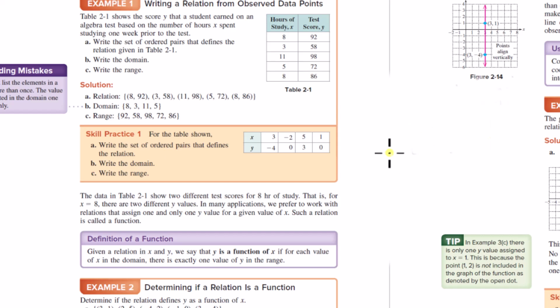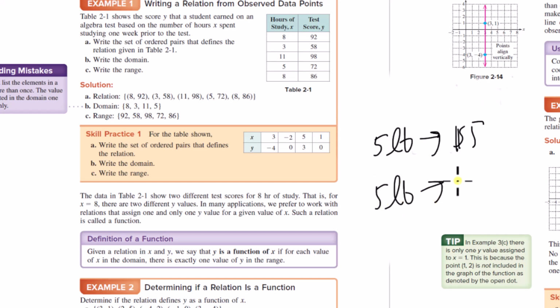Well, you can't have a 5-pound package in one circumstance resulting in it costing $5 to ship, and in another circumstance costing $7 to ship, assuming there's no other variables involved. Then what does this mean?